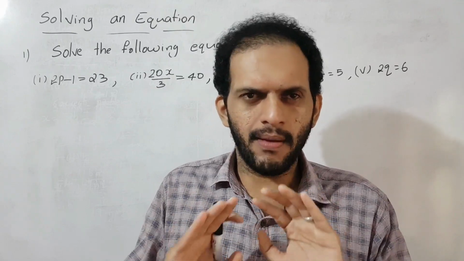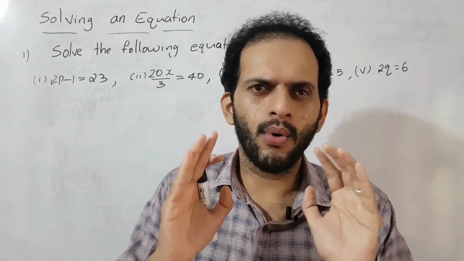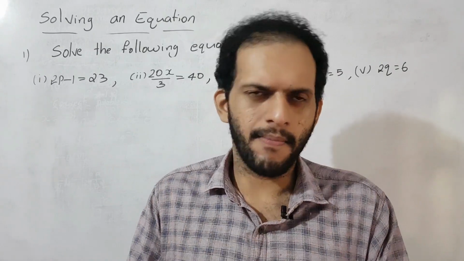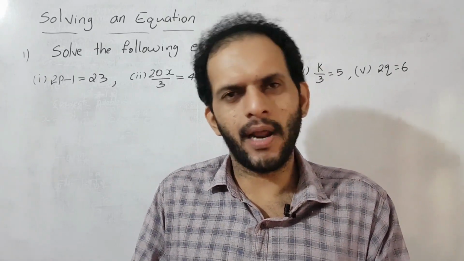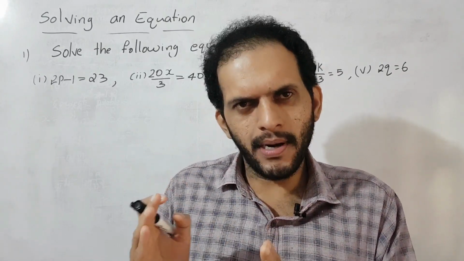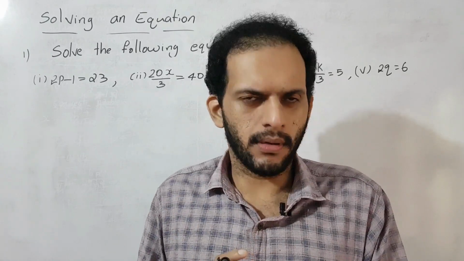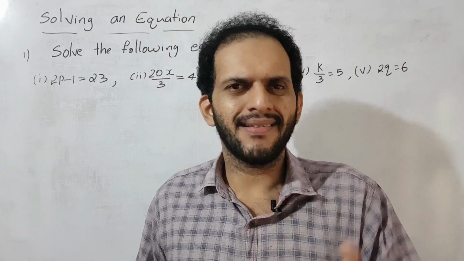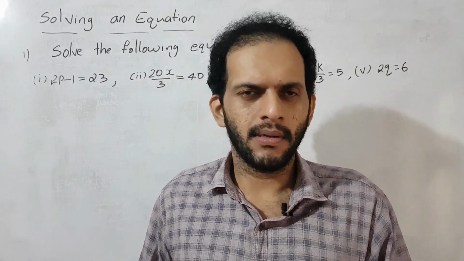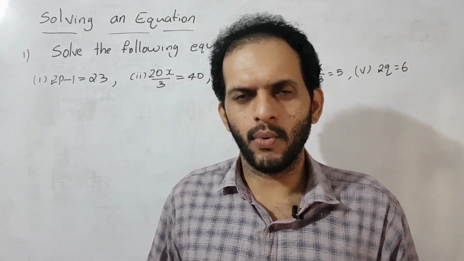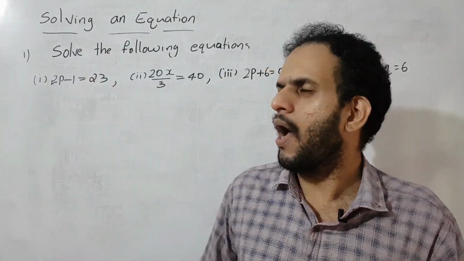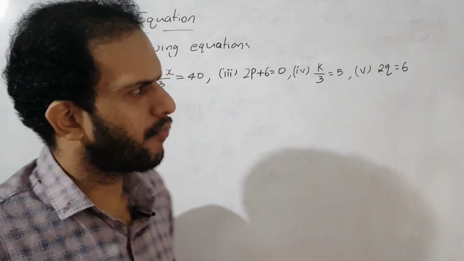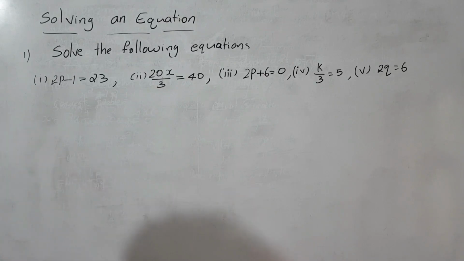The basic ideas of both methods are the same. Most commonly we apply the transposing method, but here we discuss both. First the balancing method, next the transposing method. Then we have 5 questions here, and we solve them one by one.